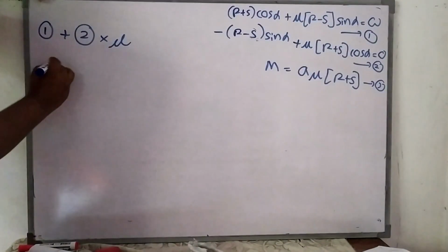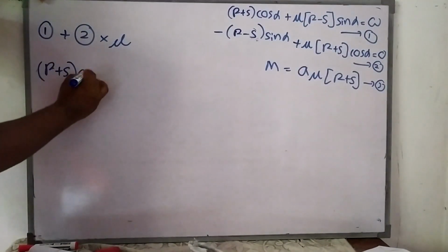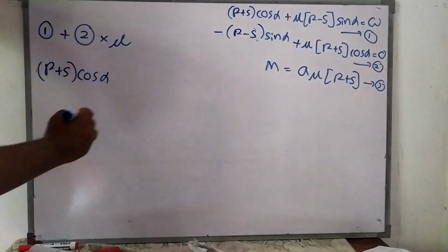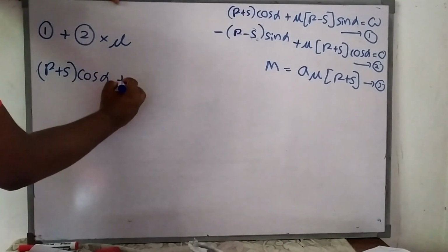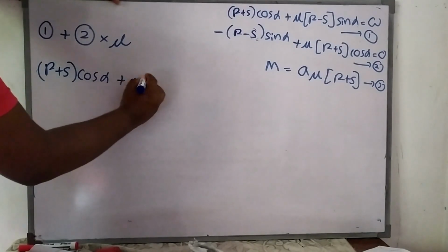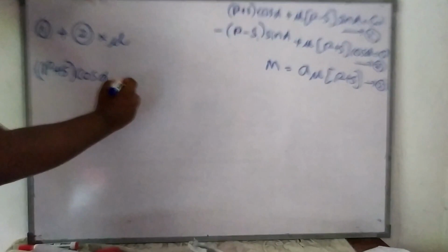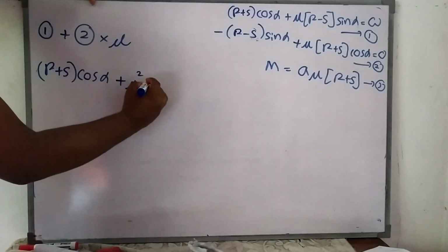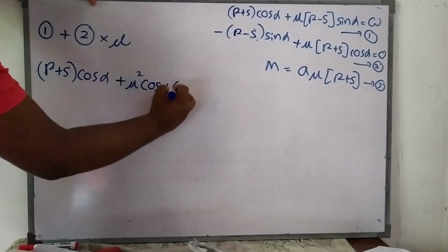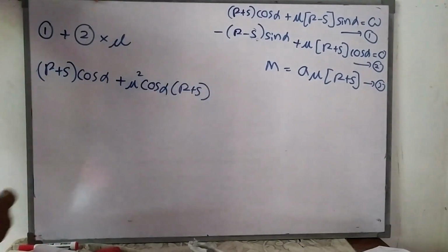Then what I'm going to do, I'm just multiplying the second equation by mu and adding to the first equation, because if you add it in this way, the R minus S mu sin alpha, so mu R minus S sin alpha, it's getting cancelled, no? And R plus S cos alpha and mu squared R plus S cos alpha, only remain.